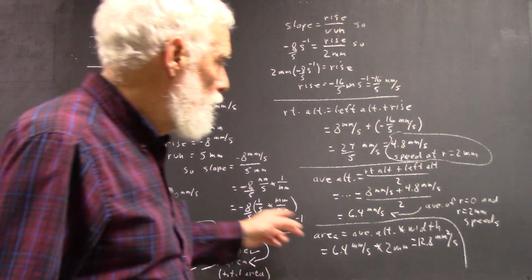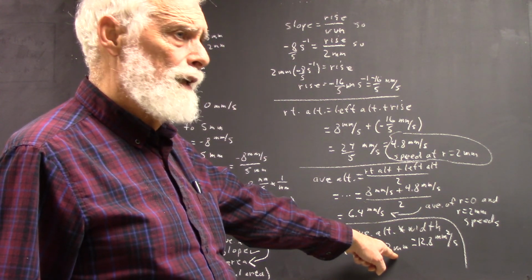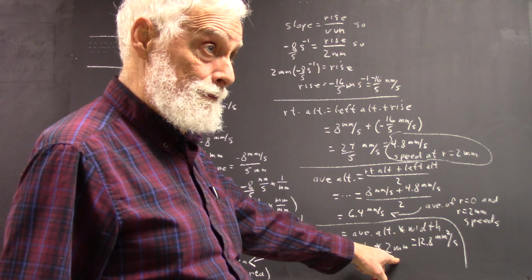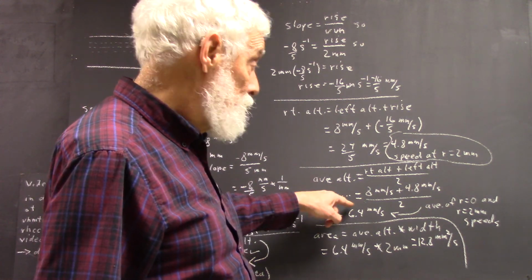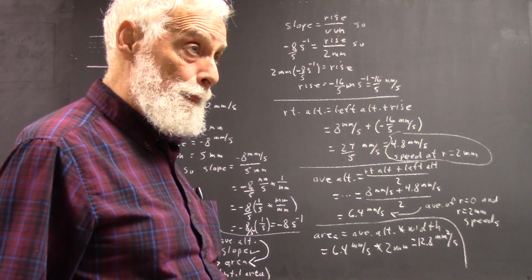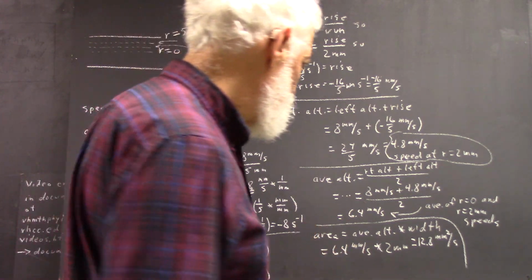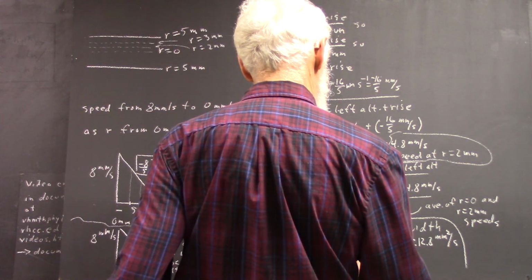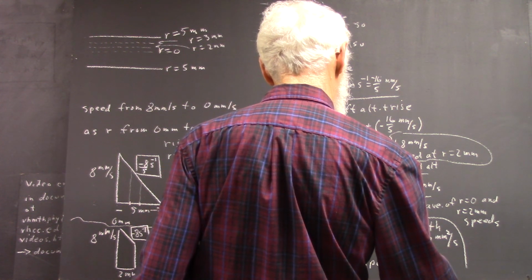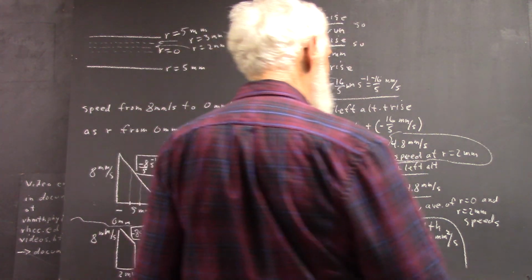But when we multiply the speed by the 2 millimeters, that doesn't have any significant meaning. Now, if this was a time interval, then multiplying the average speed by the time interval would give us how far we went. Okay? But we don't have that information from this trapezoid. So this is speed times distance, which is usually meaningless.